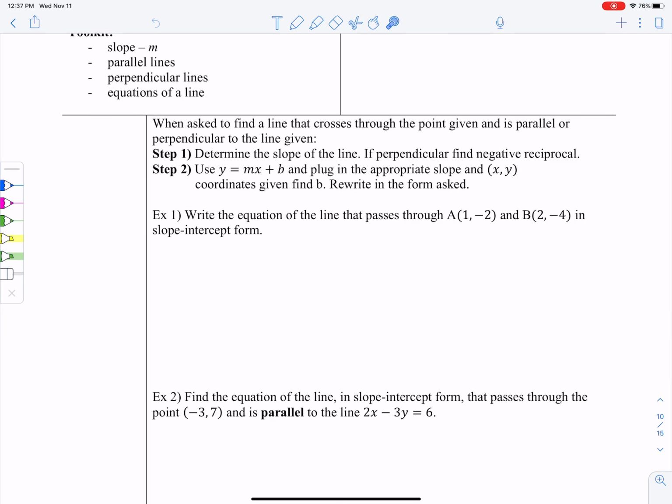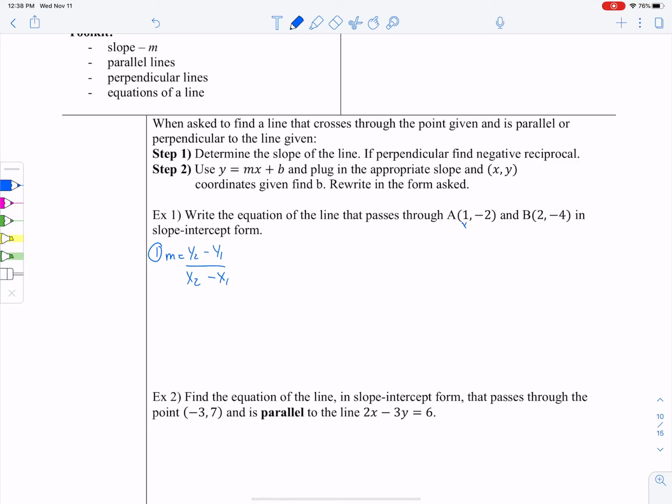Okay, so this first question says, write the equation of a line that passes through A, which is 1 and negative 2, and B of 2 and negative 4. To find slope, that's the first thing we need to do. We're going to use m = (y2 - y1) / (x2 - x1).